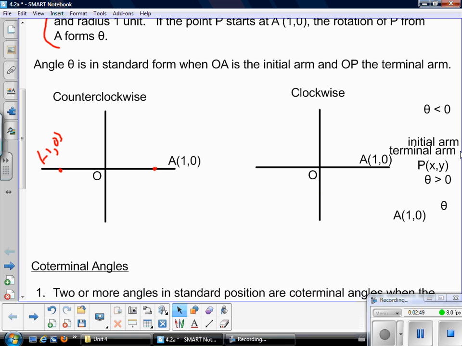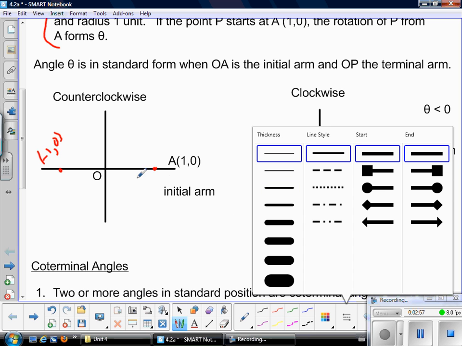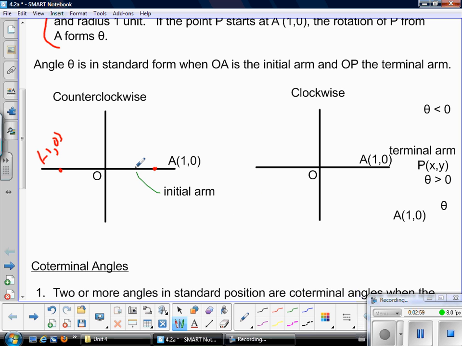And it starts when the initial arm is located here. So this is my starting point. It's my starting point whether I'm going to go counterclockwise or clockwise. So that's my initial arm. And theta is defined from starting there and creating a theta. Okay?